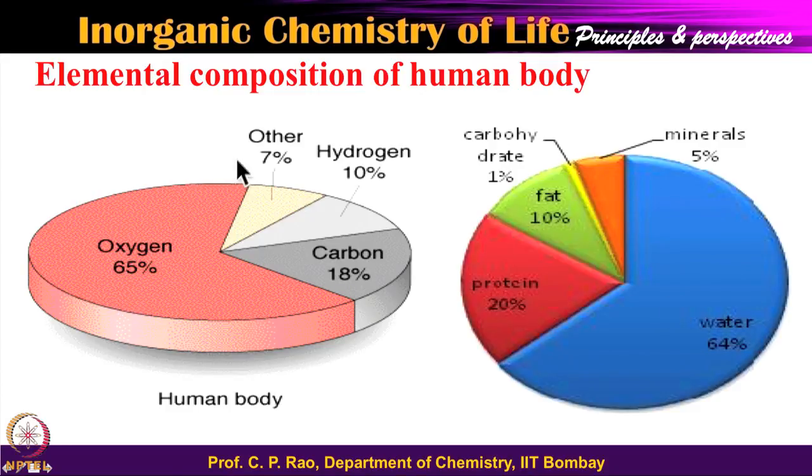Then you have carbon, which is about 18%. The protein is 20%, and the carbon is 18%, so it goes very well. That means most of the carbon is coming from the protein, most of the oxygen is coming from the water, etc. And then you have 10% hydrogen, because hydrogen is present in the protein as well as in the water and other things.